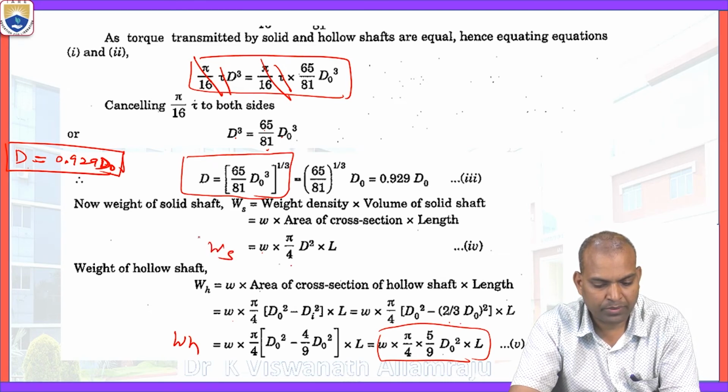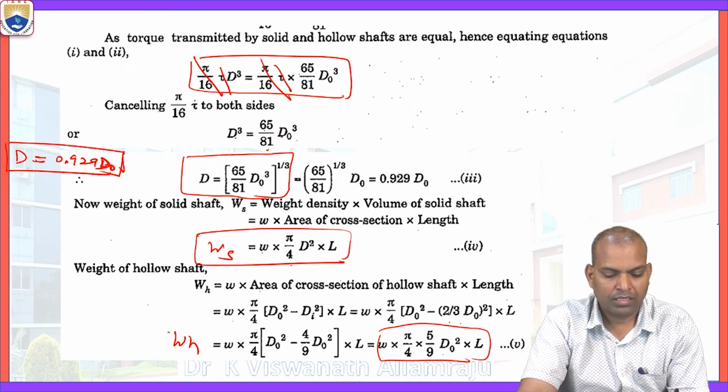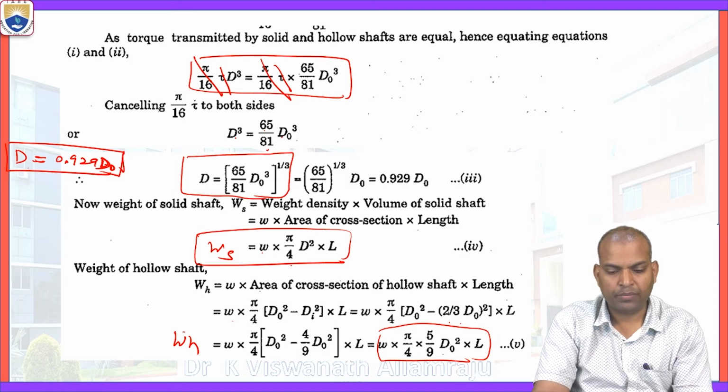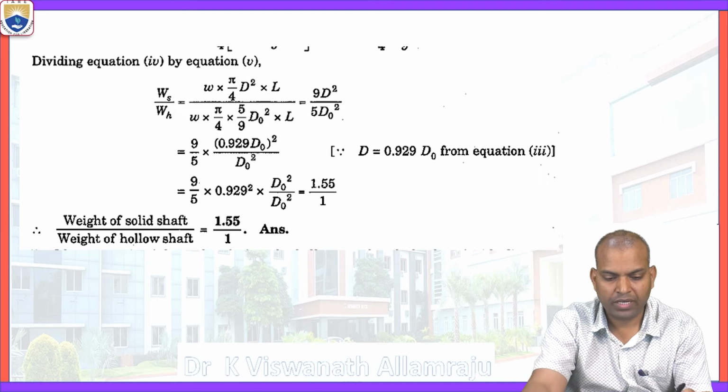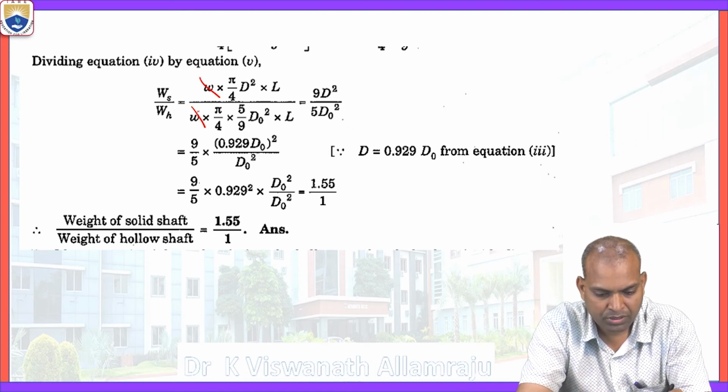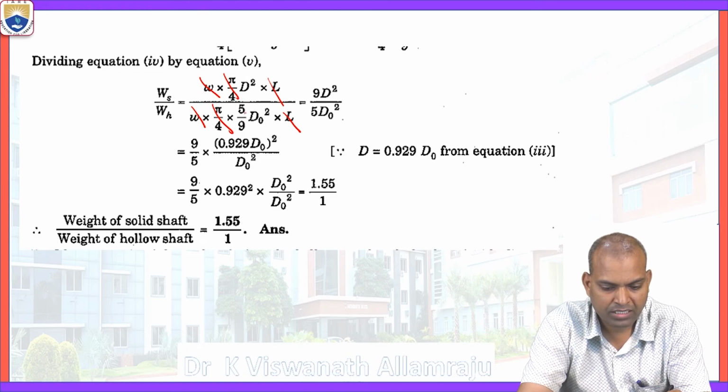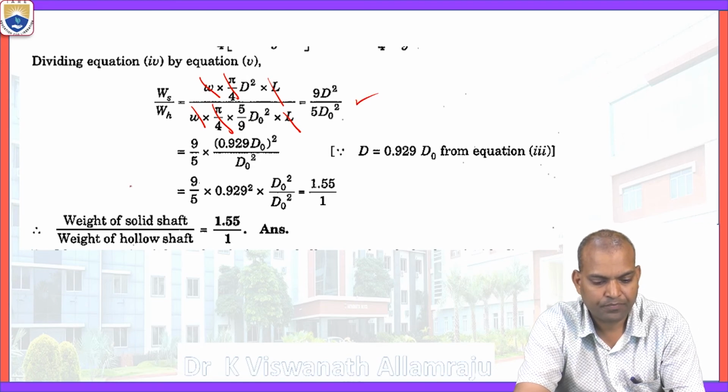And this is WS. Now we want weight ratios WS by WH. Equation 4 by equation 5. That is cancelled. W, pi by 4, pi by 4, L. That means it happened 9 d square by 5 d naught square. Now that is WS by WH.